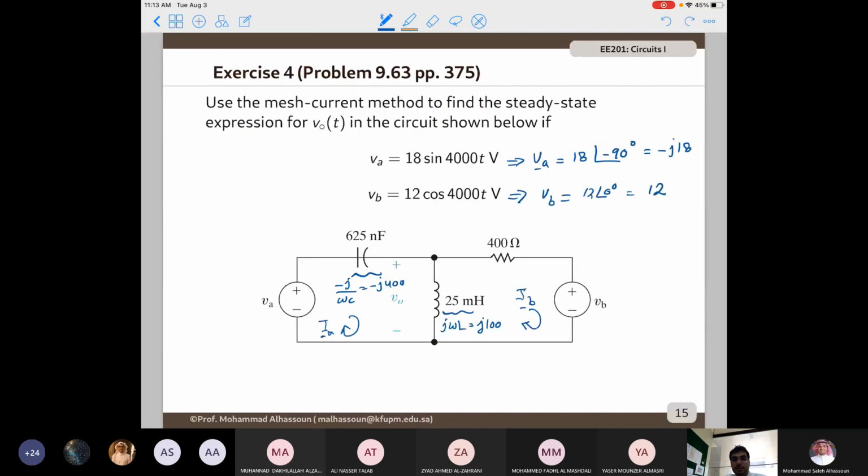The second equation is applying KVL in the second mesh.